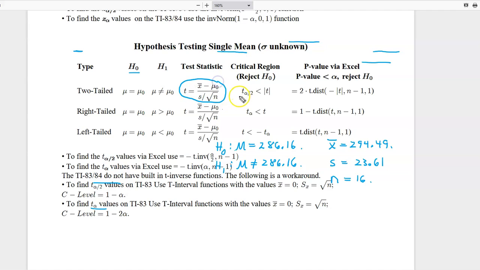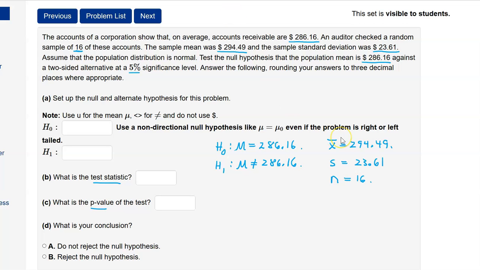It's going to be x bar minus mu naught divided by s over the square root of n. So our test statistic t is going to be x bar minus mu naught.